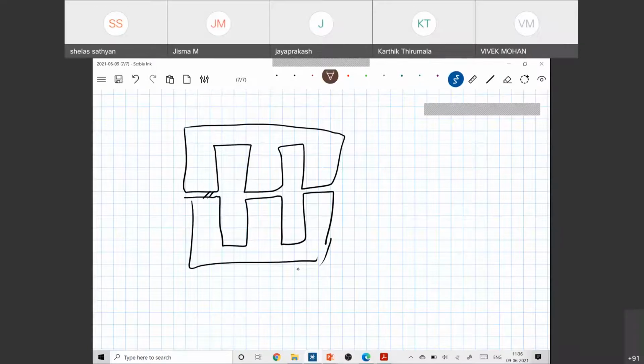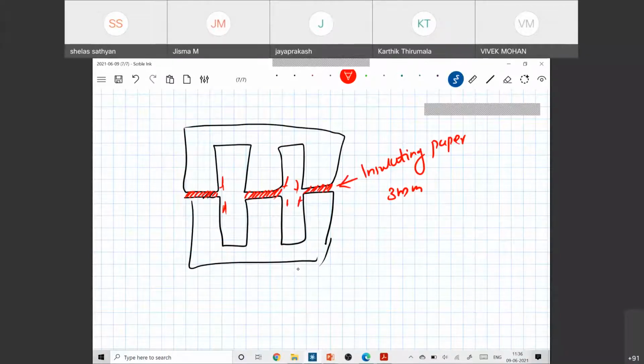Even though this is not actually an air gap, in actual practice we may provide some insulating paper here in the same dimension as your core face. You need to cut the insulating paper and insert it in the same dimension. For example, if you wanted a 3 mm air gap, this is 1 mm, this is 1 mm, this is 1 mm. So the 3 mm will be distributed around all the limbs.